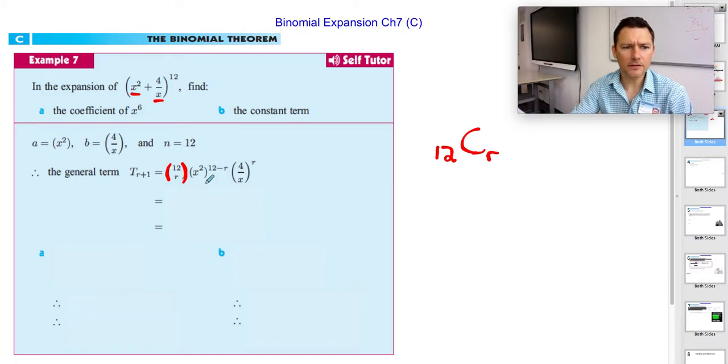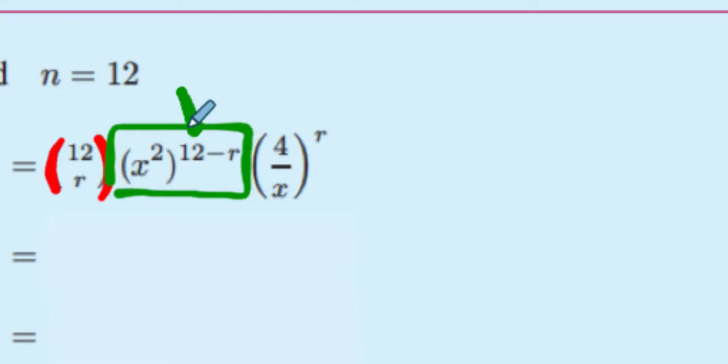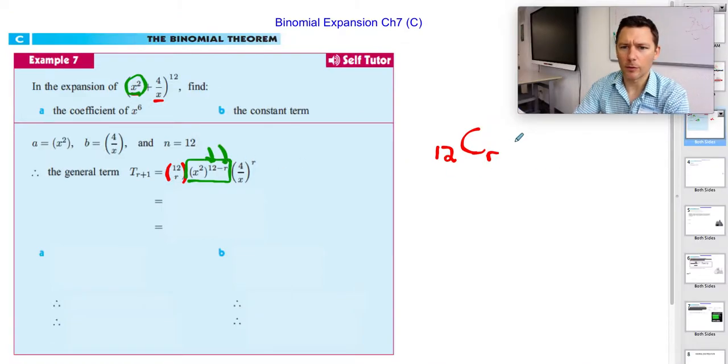This piece means I have these x squared values, and for each term it starts at 12, and for each term it decreases by 1, right? So that's this x squared to the 12 minus r. I'm going to put this in brackets just so we can keep it separate.